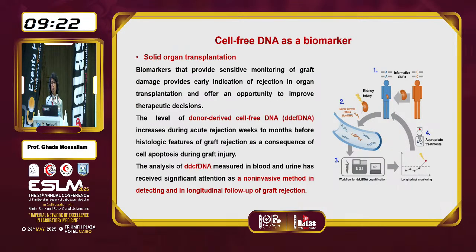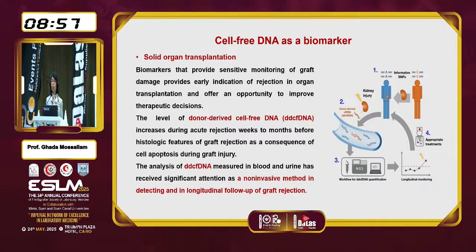weeks after gestation. In the setting of transplantation, in solid organ transplantation, like in renal transplantation and heart, biomarkers that provide sensitive monitoring of graft damage provide early indication of rejection in organ transplantation and offer an opportunity to improve therapeutic decisions.